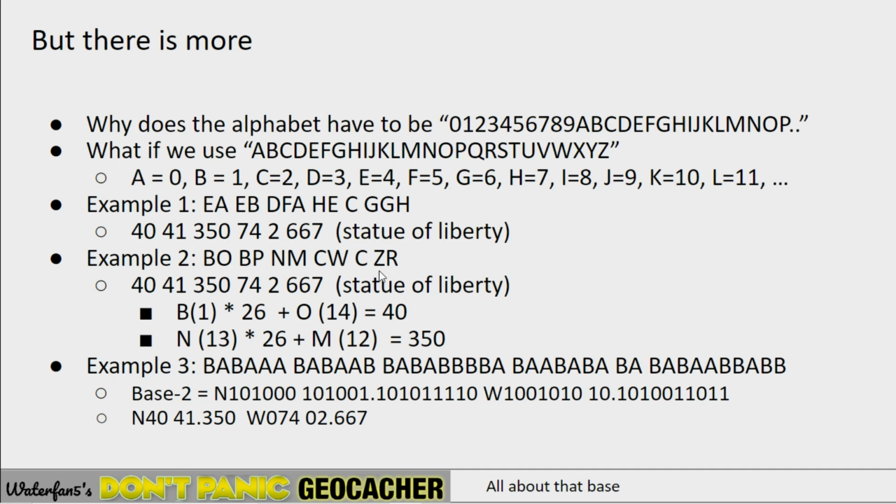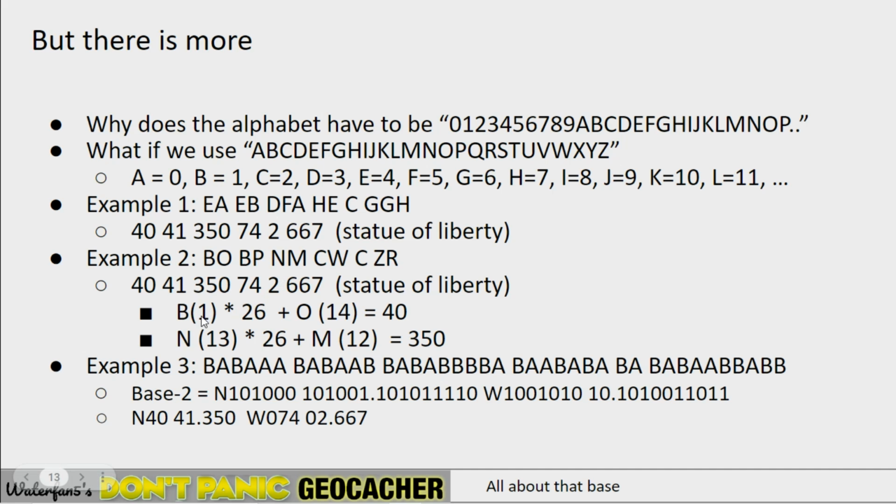But the next example is in a base 26. And now we see a much more complicated scenario because the B and the B still go to the same. But here you see, for example, with 350, it's only represented by two letters, the N and the M. And that is because it's base 26. We're using the full alphabet.